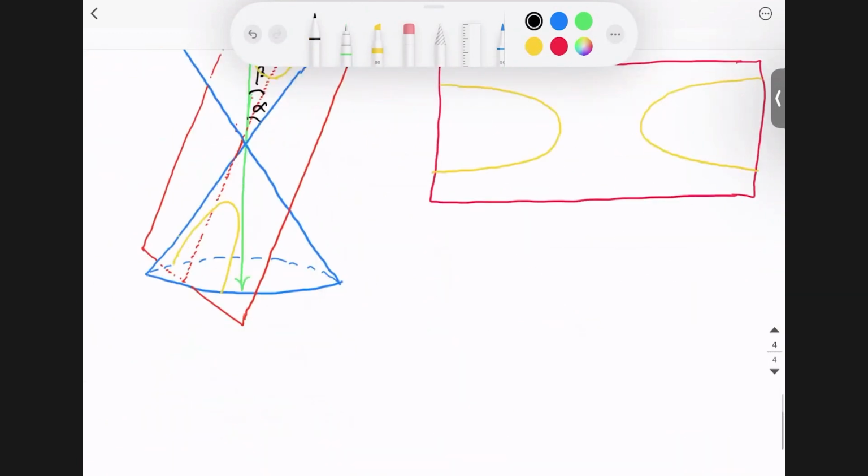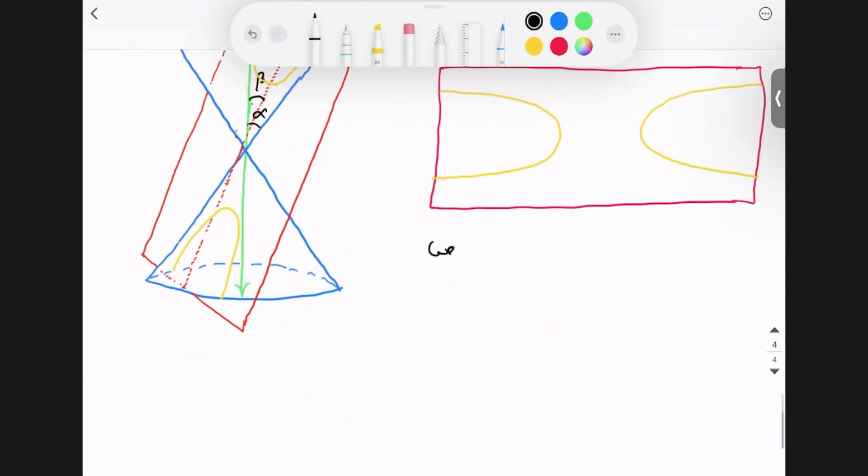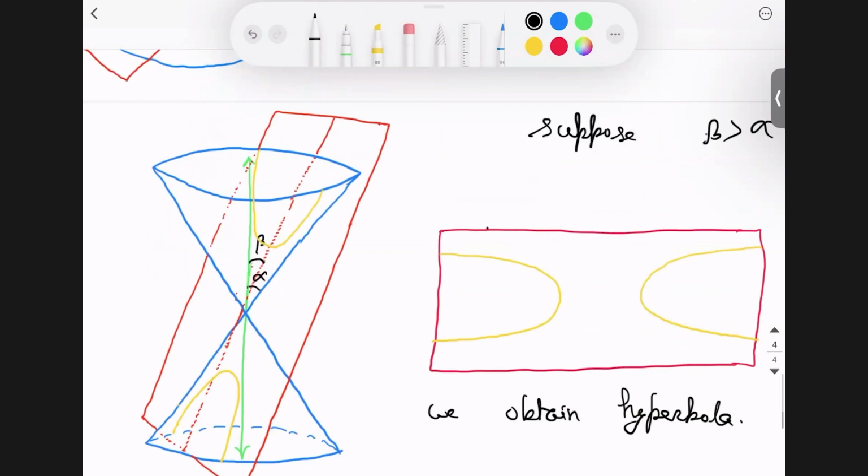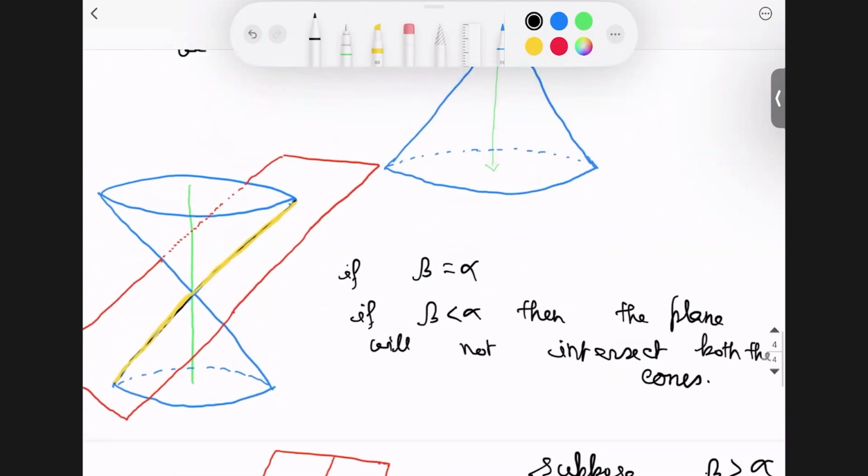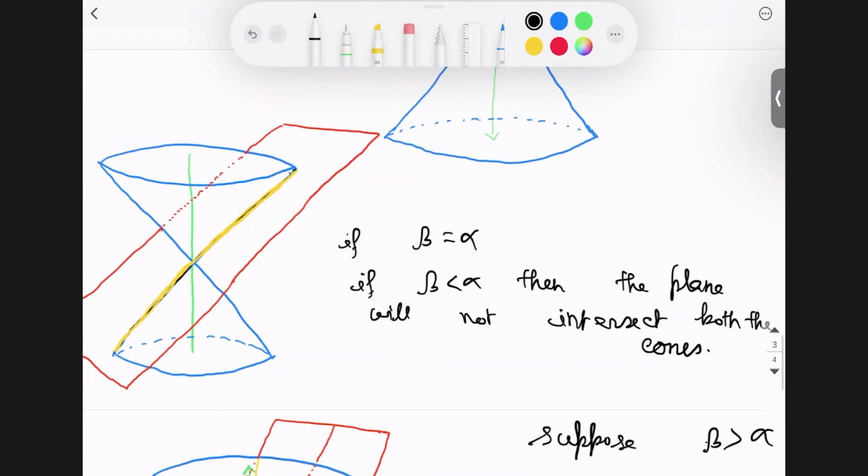So you can write that we obtain a hyperbola. Fine. So up to this, we have discussed some conic sections.